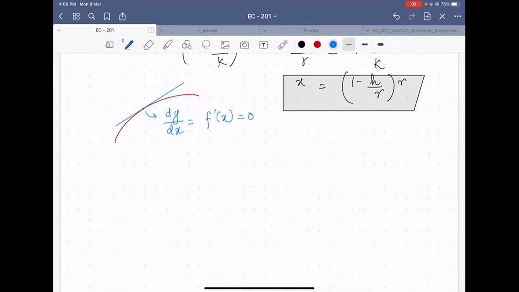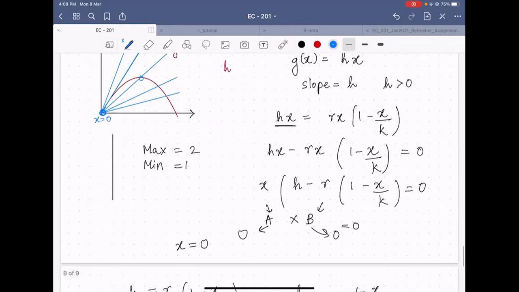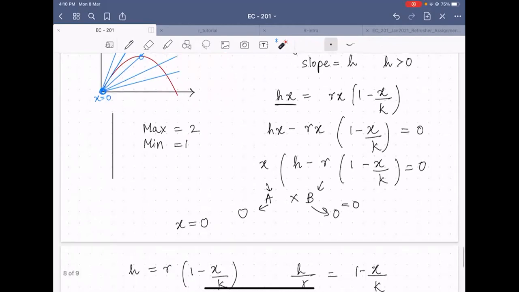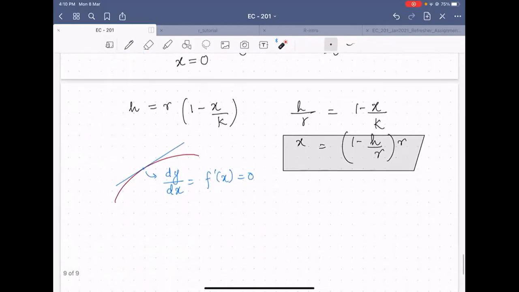So basically, I need to find what is the slope of this parabola at x equals 0. Can anyone tell me? You know how to take out the slope of a function, right? Minus 2x r upon k.